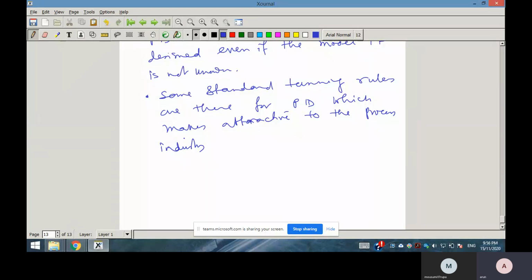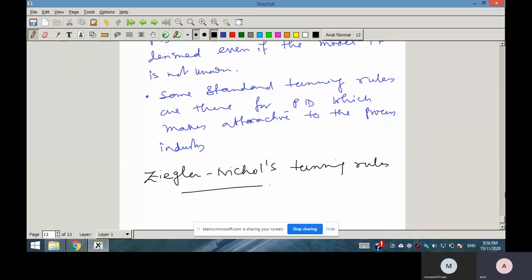There is no mathematical proof, but it is seen to yield very good behavior. The well-known such tuning rule is known as Ziegler-Nichols tuning rule.